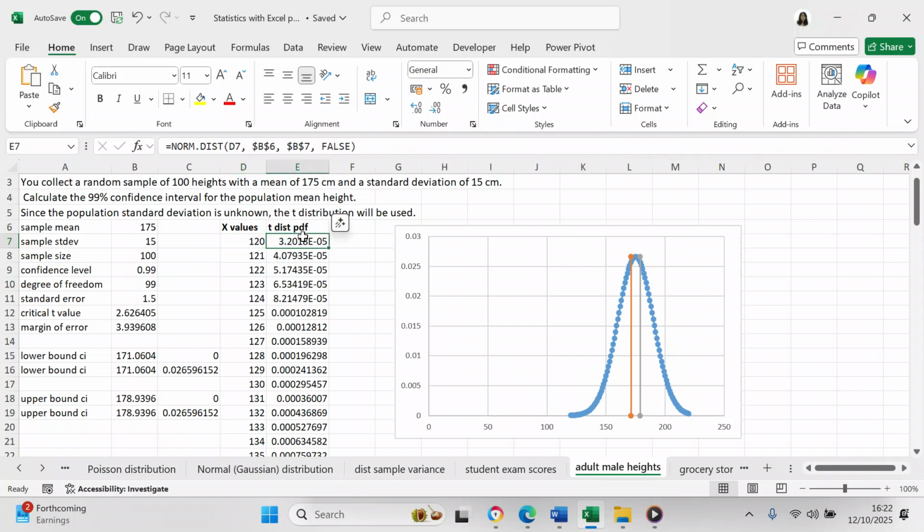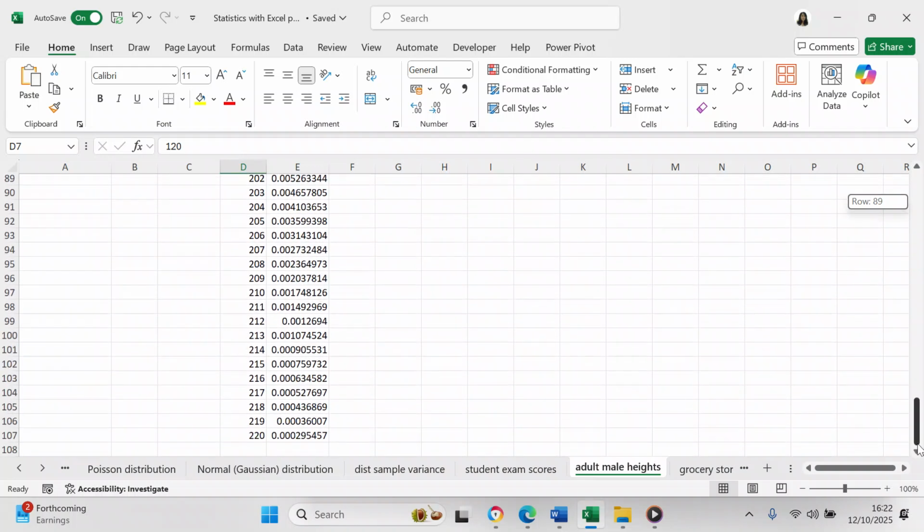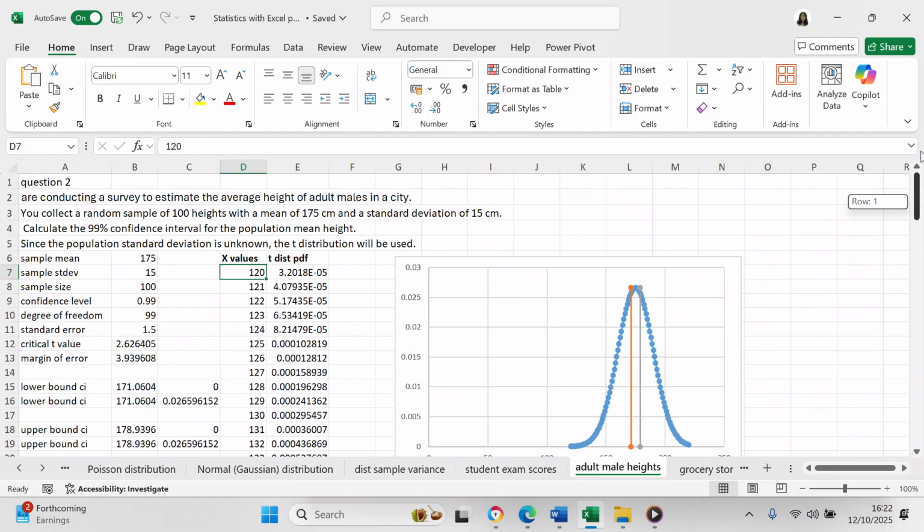And then what we've done is I've created a normal distribution, because as I said in the last video, it's not really feasible to create a t-distribution for this. So we have to do it based on a normal distribution. We have values from 120 all the way up to 220, so we've got 100 rows of data.